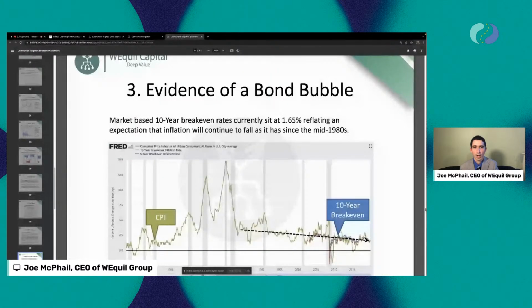Before getting into the evidence of the bond bubble, which is getting into investing implications, I just want to point out one of the other factors that I think is likely to drive inflation up, at least in the near term: fear of inflation tends to drive more inflation.